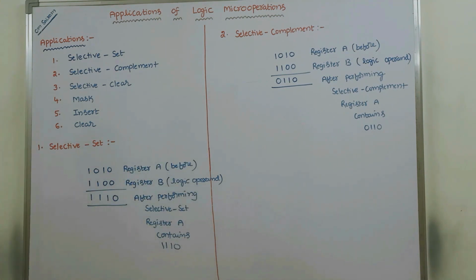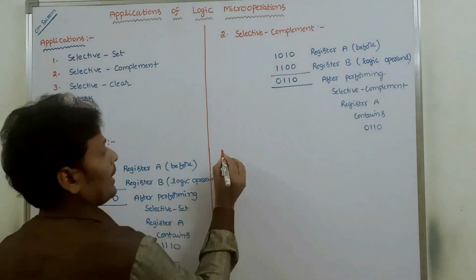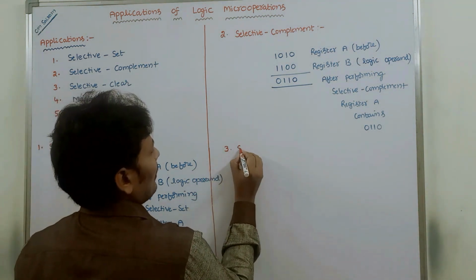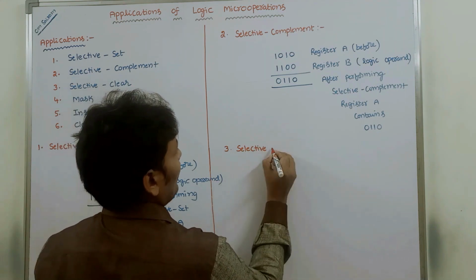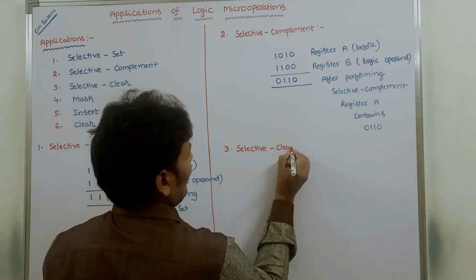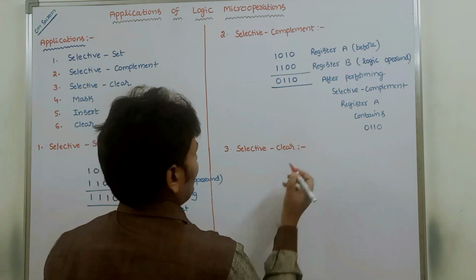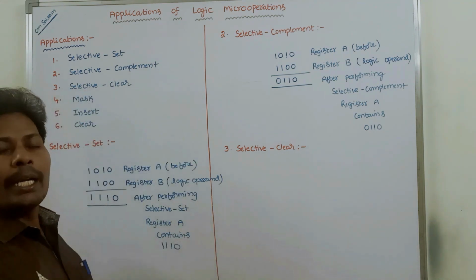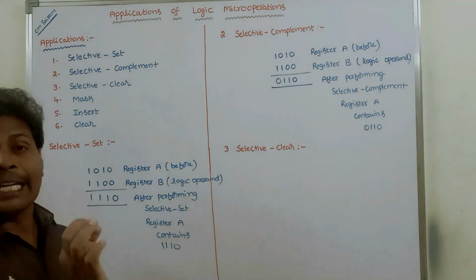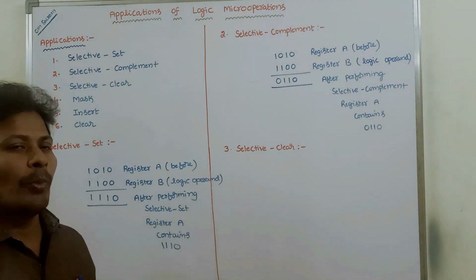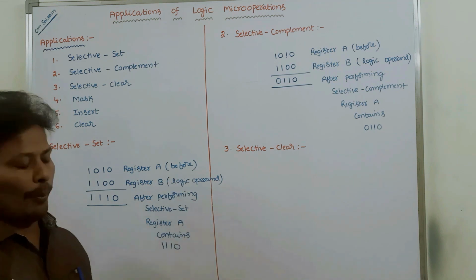Next, third one is selective clear. Selective clear is nothing but clearing the selective bits to 0. How can it be performed?